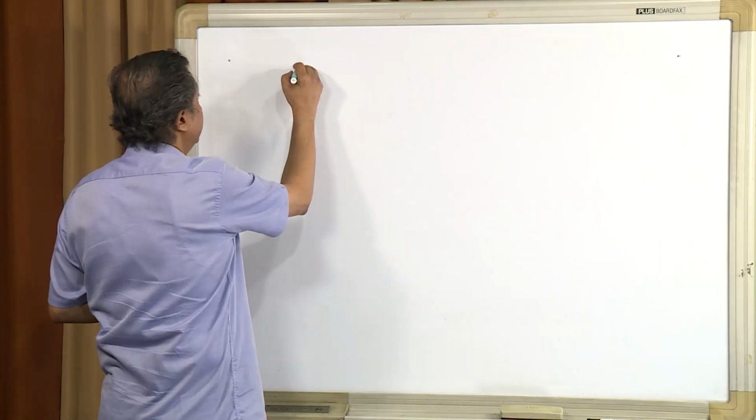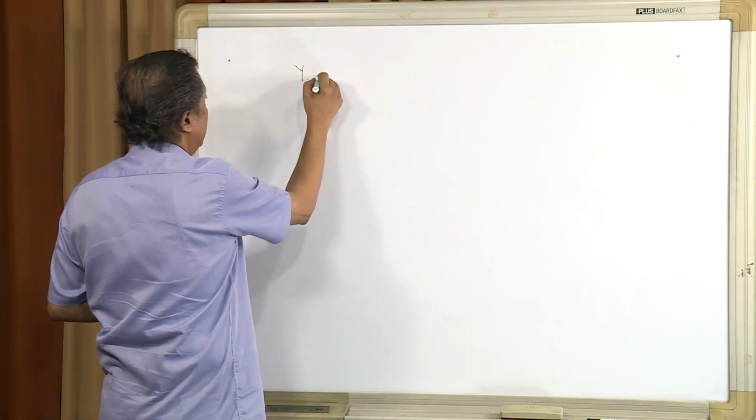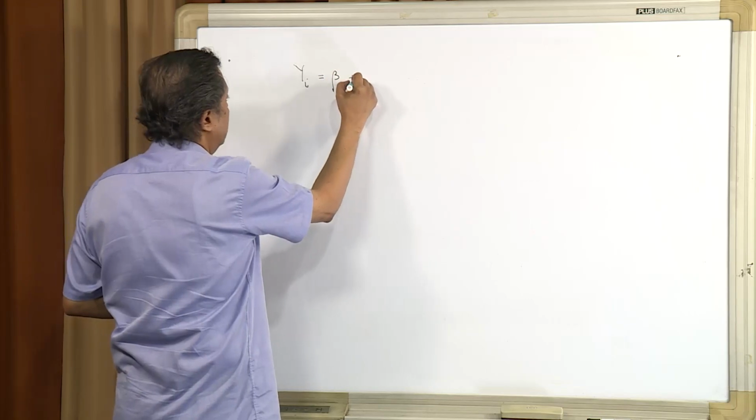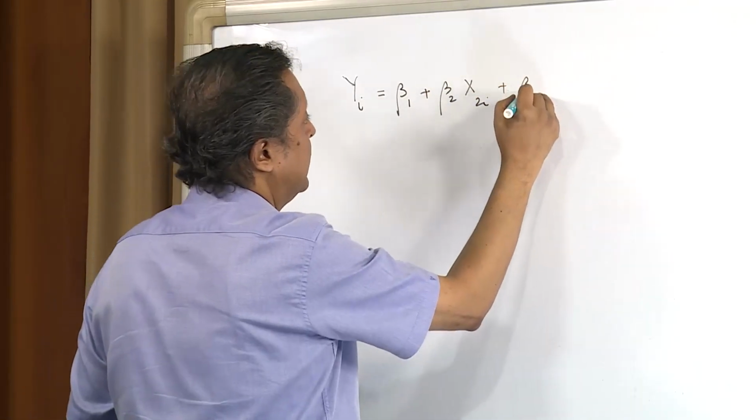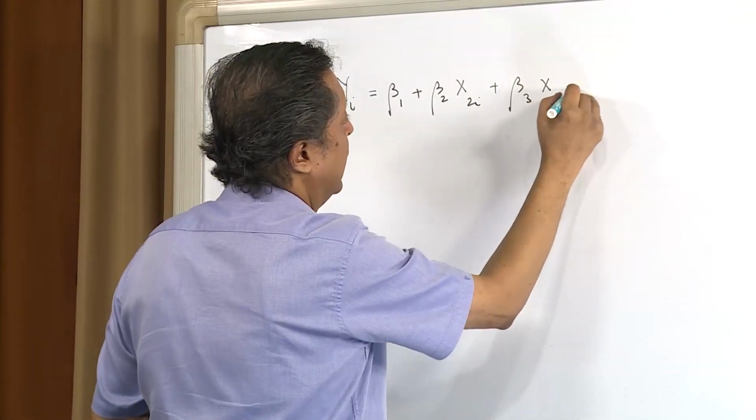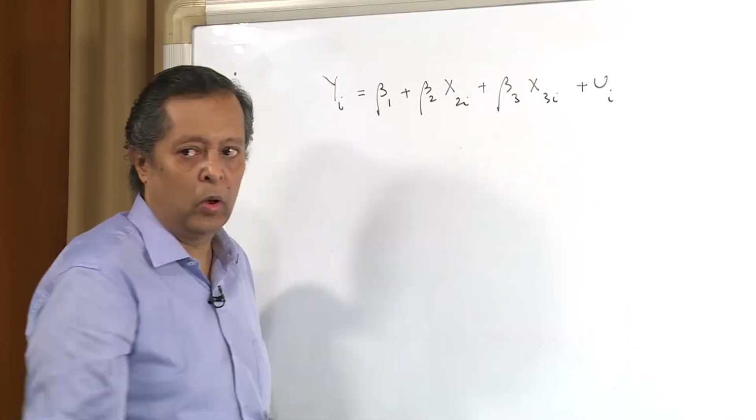So, for that example, let us take the model y_i = β1 + β2 x2i + β3 x3i + u_i. It is a 3 variable model.